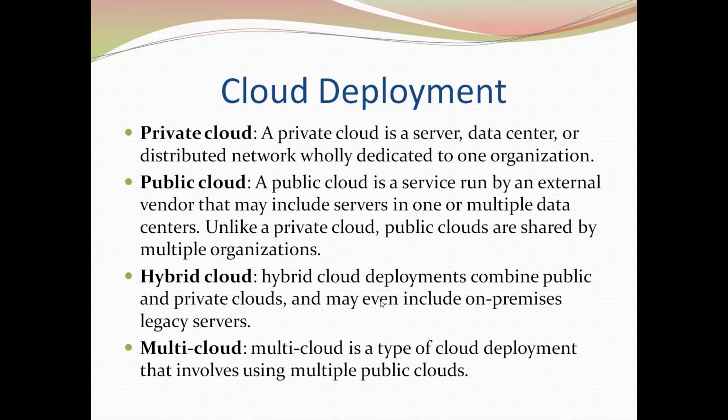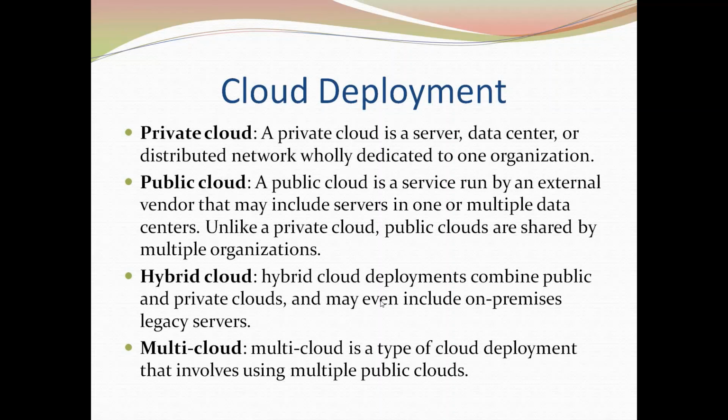Some organization purchases or owns the servers, and whatever applications or other facilities have been hosted on those servers are made for that particular organization only. In case of public cloud, the public clouds are shared among multiple organizations. So any organization can access the contents on the particular server of the cloud.